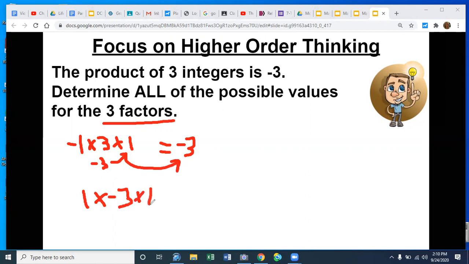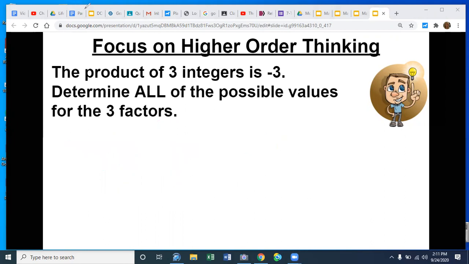Will that give us a -3? Exactly, it will, right? Okay. What about 1 times 3 times -1? Will that give us a -3? Of course it will. Okay, so let's clear this and pull down the answers.